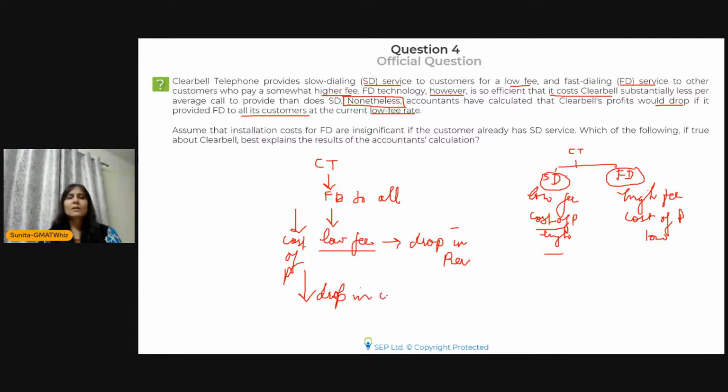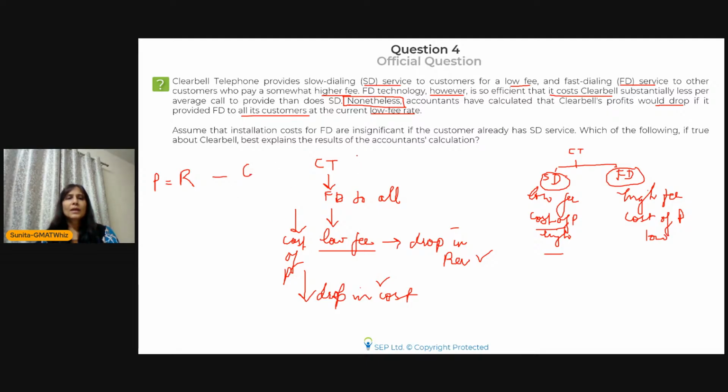That means if there is a drop in revenue, there is a drop in cost, the profit might have remained the same also. Why will the profit drop? If you look at the profitability equation, profit equals revenue minus cost, correct?